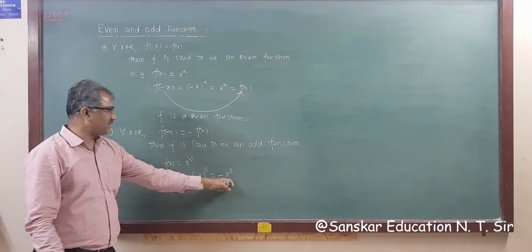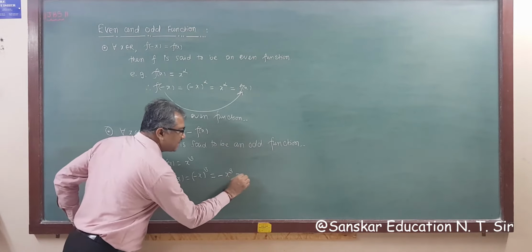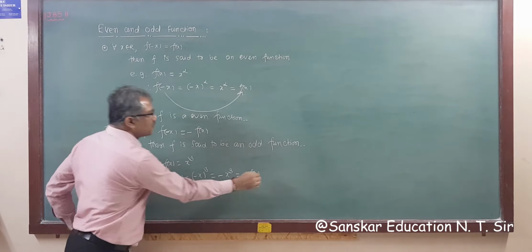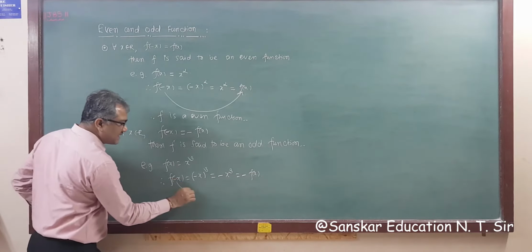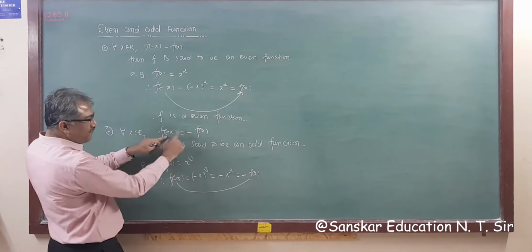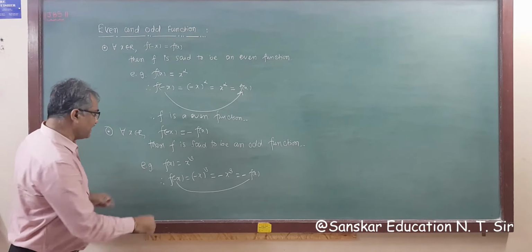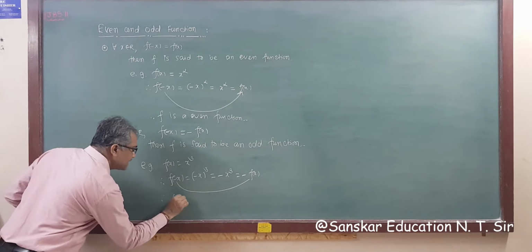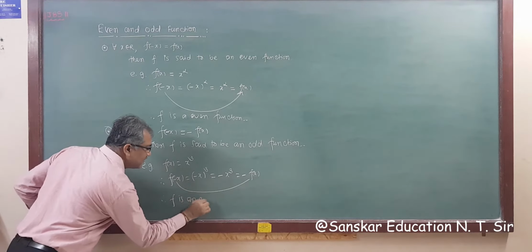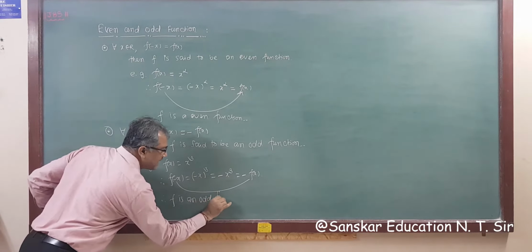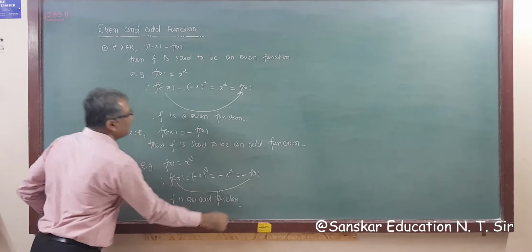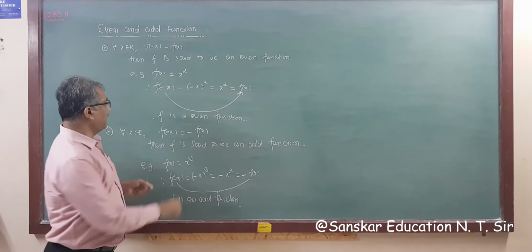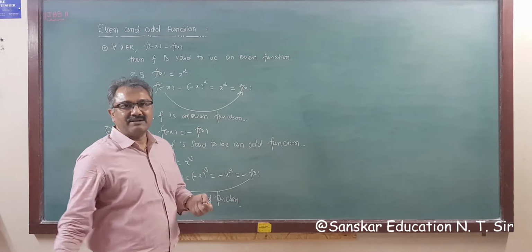And x cube is your fx, so the answer is minus f of x. So f of minus x is equal to minus fx. So f is an odd function, and here f is an even function, right?